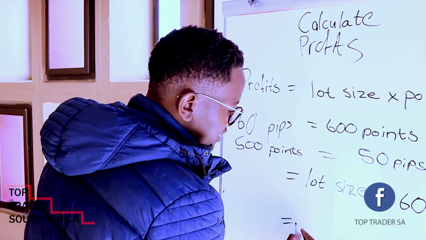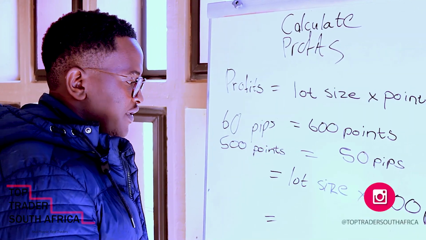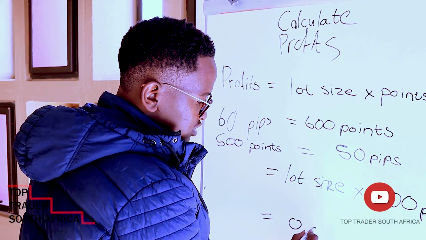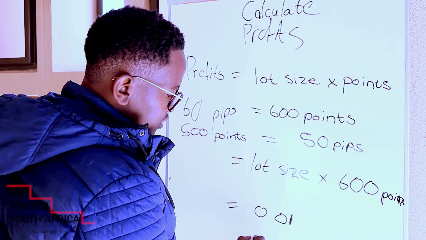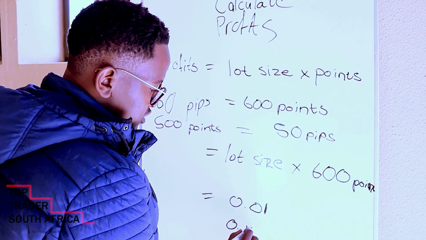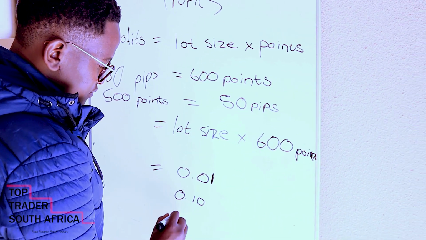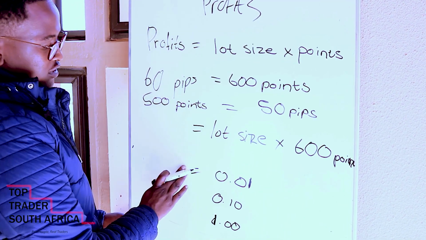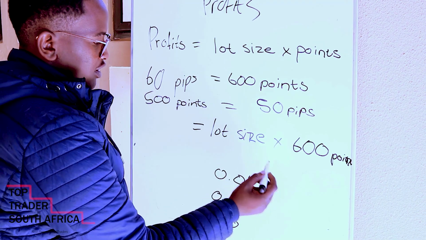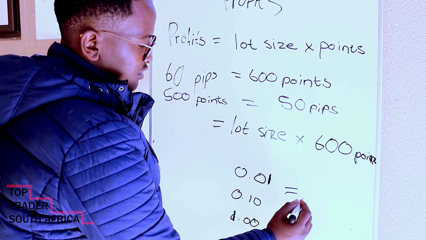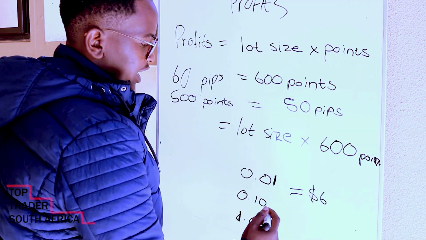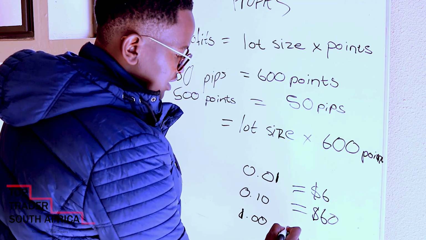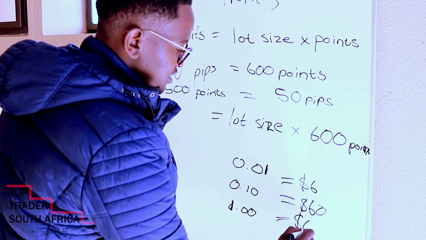Remember, a lot size is an amount that we personally choose before entering a trade. Let's show an example. If you chose 0.01, a mini lot, a micro lot, or a standard lot, our profit in this example, if we use a micro lot, would have been $6. If you use the mini, $60, and if you use the standard, $600.